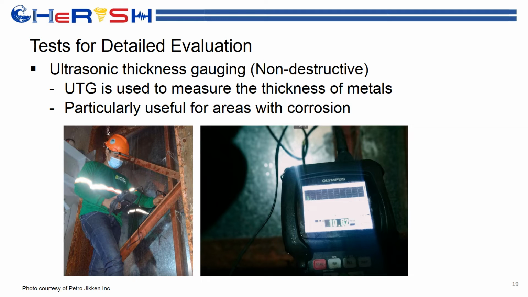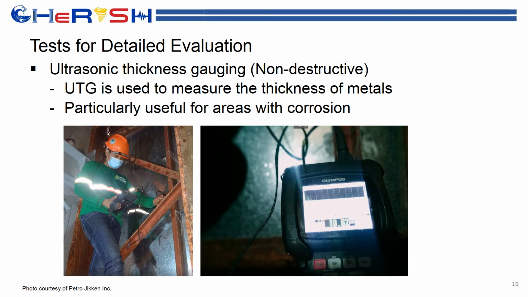That is because, as we all know, corrosion minimizes the thickness of these metals, and therefore, in doing some structural assessment of a steel structure, we need to determine the actual thickness, which clearly is difficult to do using a caliper. We do this with a technique which we call ultrasonic thickness gauging, or UTG, which allows us to measure the thickness of the metals.